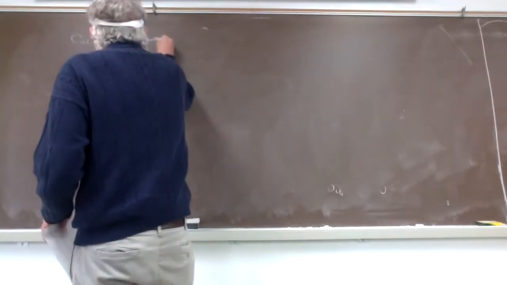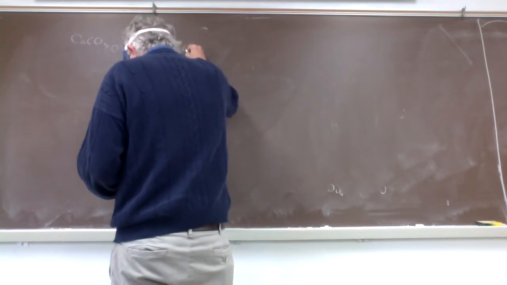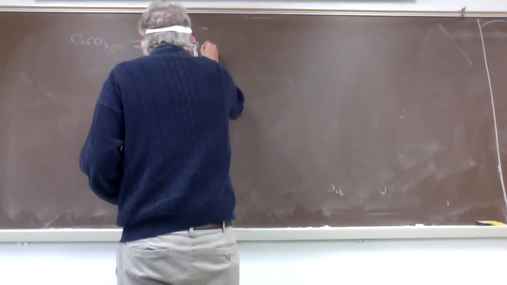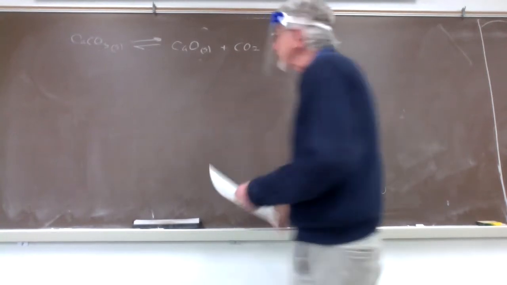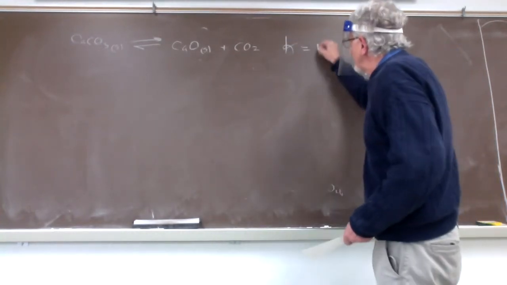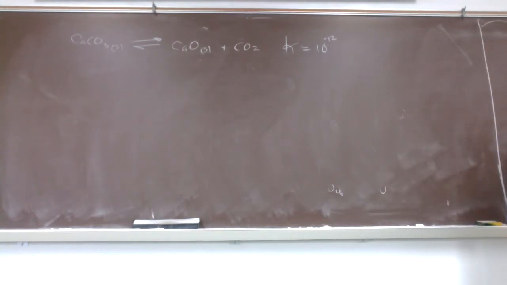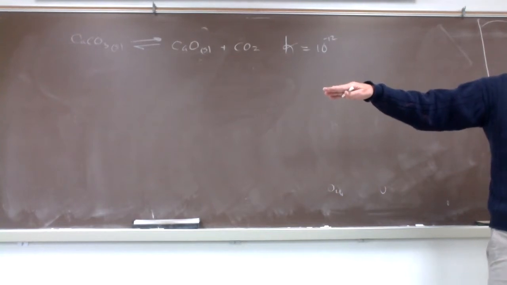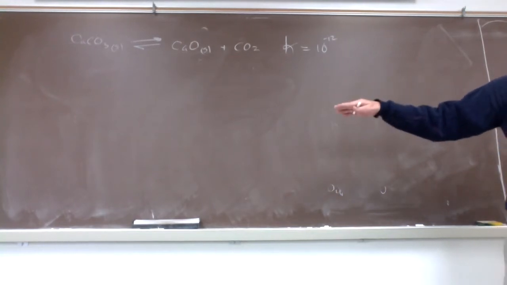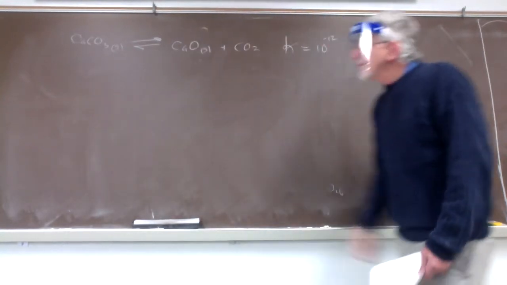So the calcium carbonate decomposes into calcium oxide solid and carbon dioxide. And as an equilibrium constant, its value is much less than one. So where's the equilibrium shifted for this chemical reaction? Towards reactant, right? What are we going to have more of, reactant or product at equilibrium? Much less than one, we have a lot of that.